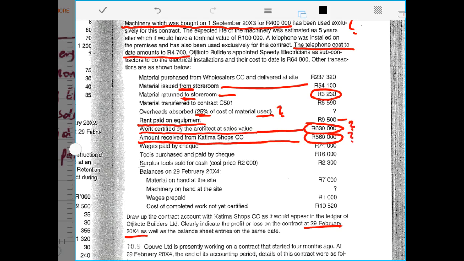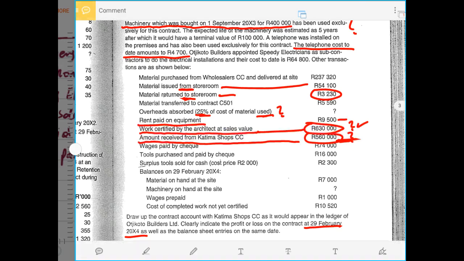So now we'll also do that when we deal with the ledger account. We need this in the contract account, and this will be recorded in the debtors account because our client is a debtor to us. So now when we do the debtors account, which is the account of the client, then we'll record the cash that was received from the client to determine the amount that the debtor still owes us, or the client still owes us, which is called a retention amount.